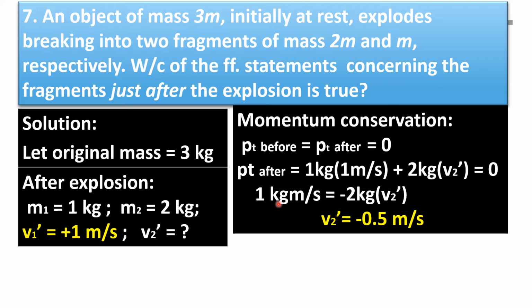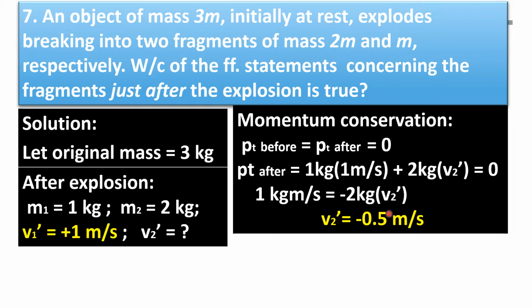On this side, when we divide 1 kilogram meter per second by negative 2 kilogram, the unit kilogram cancels out, and 1/2 is just equal to 0.5. We bring down the negative because that's 1 over negative 2. Negative 0.5 meter per second is our final v2 prime, or the velocity of the bigger fragment just after the explosion.